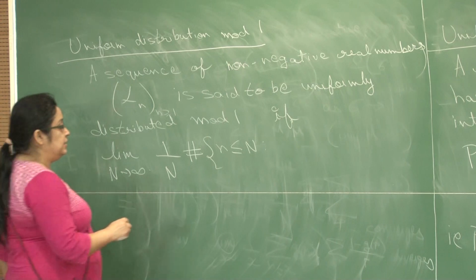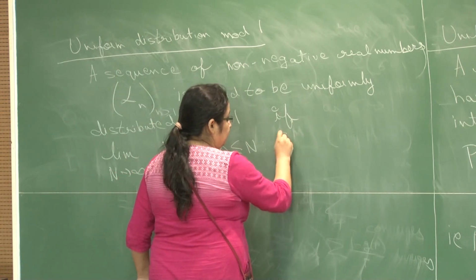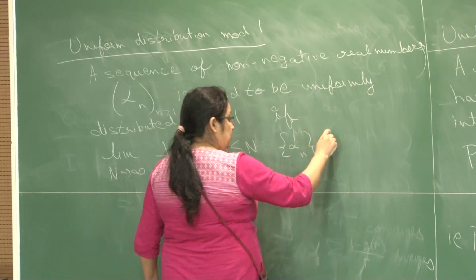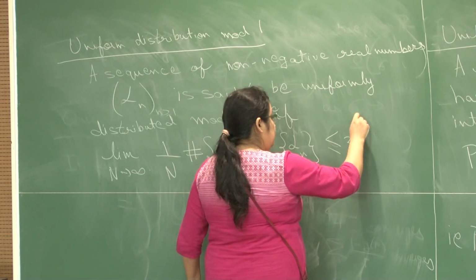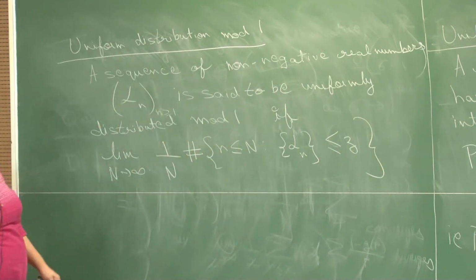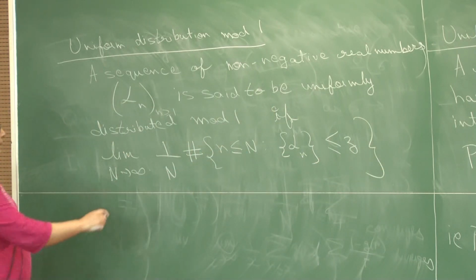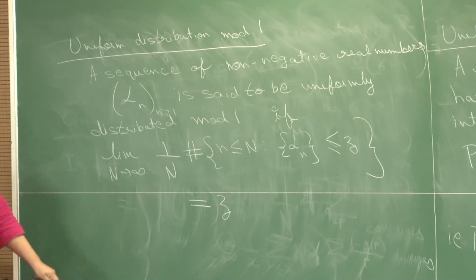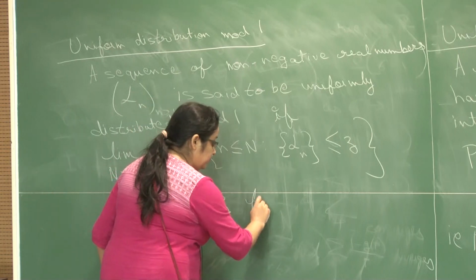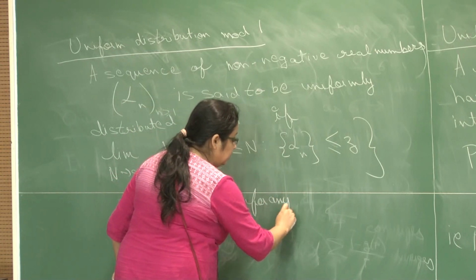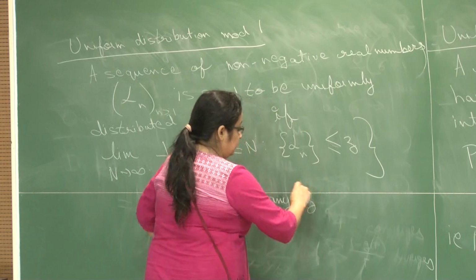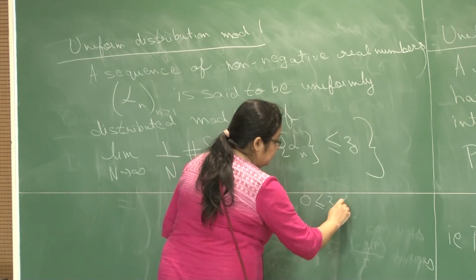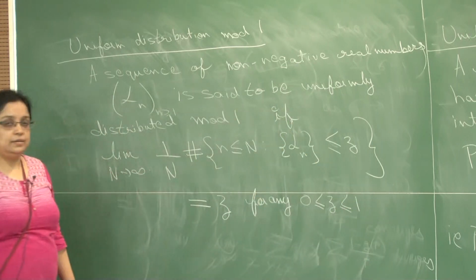So, if this limit of the fractional parts turns out to be z for any z.